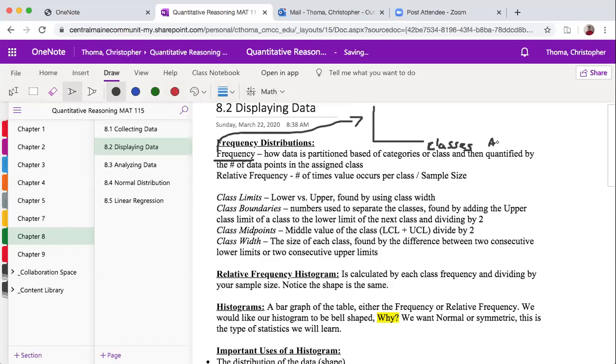So the example I used earlier is if we break this down by, say, our classes are the age groups that I talked about before, right? So we could have an age group of our 20s, an age group of our 30s, an age group of our 40s, and then we'll pick another color, we'll do orange again, maybe our 50s, right?